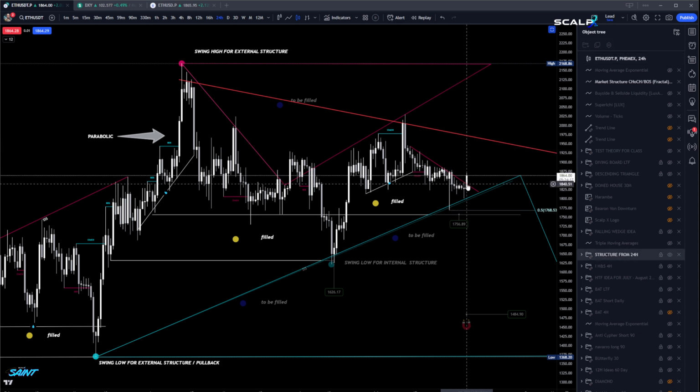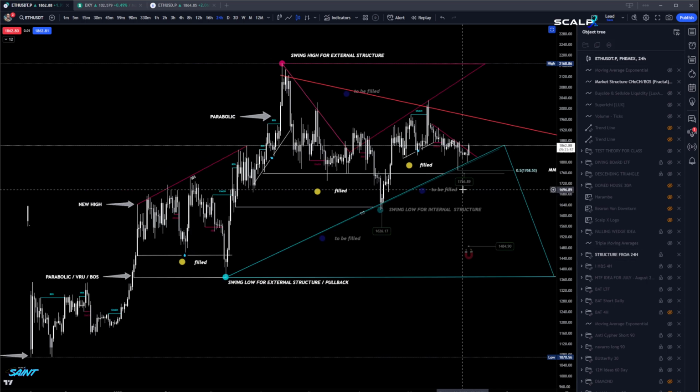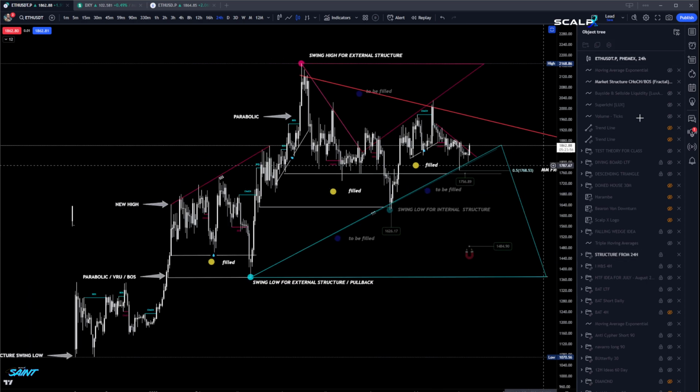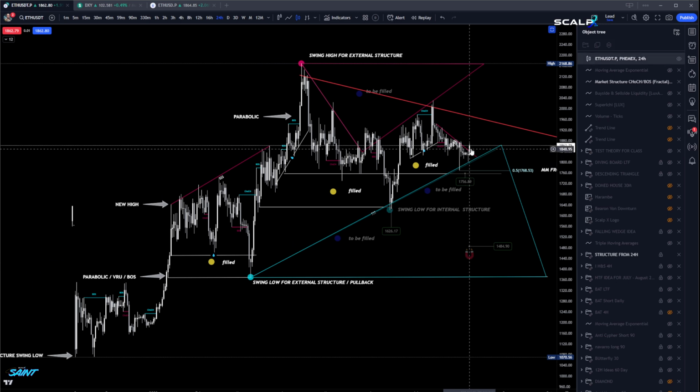That's a breaking structure right there. We need to get above this to have a true breaking structure. And this has room to come all the way up to here and test this trend line, which is 71. So there's imbalance to be filled, right?